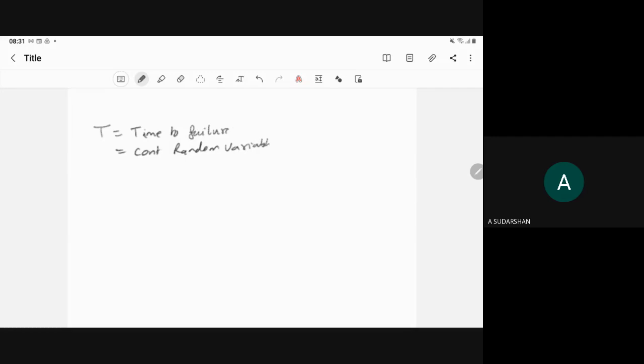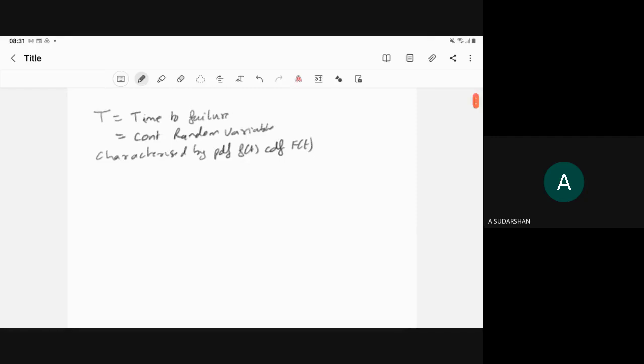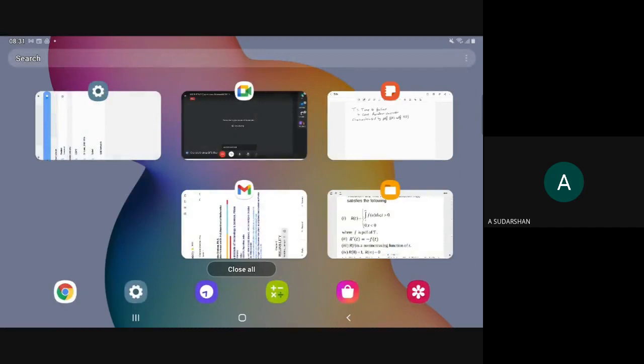A continuous random variable is characterized by its probability density function f(t) and cumulative distribution function F(t), the PDF and CDF. Now, what is the first property?